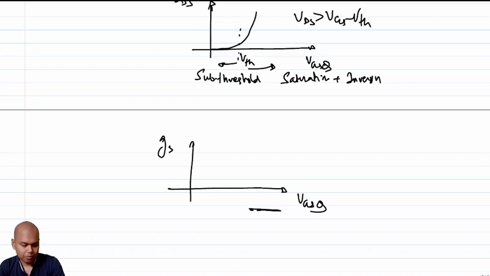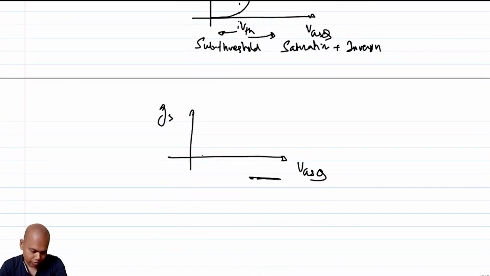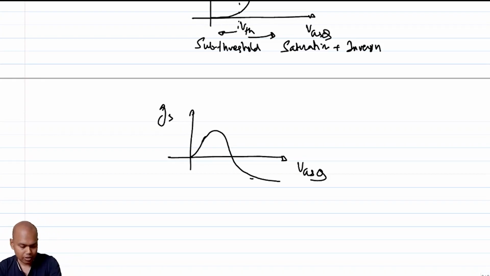But because of the exponential characteristics of a MOSFET in subthreshold, you are going to see something like this. G3 is positive, it rises, and then it dips, and then it goes negative. The exact shape of the curve is not of that much importance, but the part that is important is to understand that G3 changes polarity.